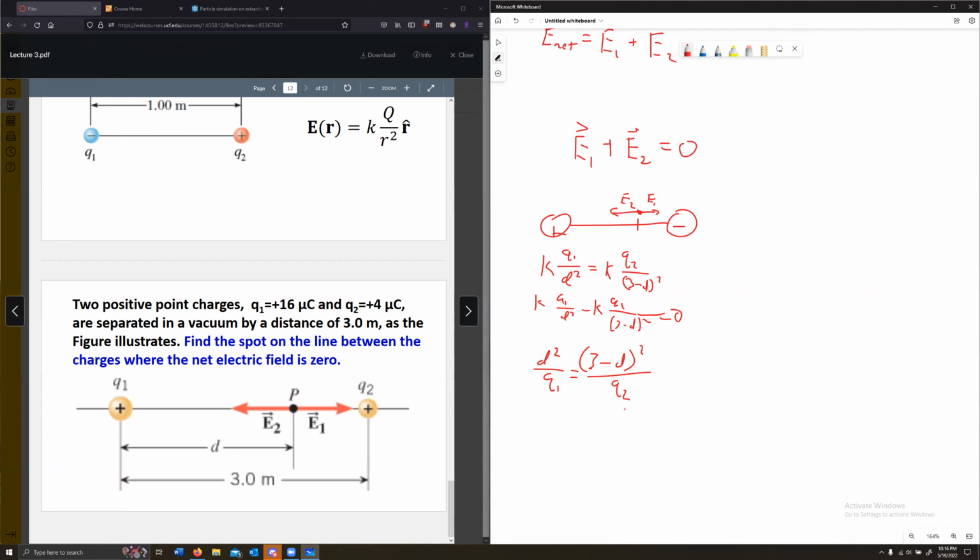You could. The thing is where that would get a little complicated is that you would be stuck with D squared times 3 minus D to the power of 2. And then you would have to factor it all out and try to solve for D, but you have to get D by itself.